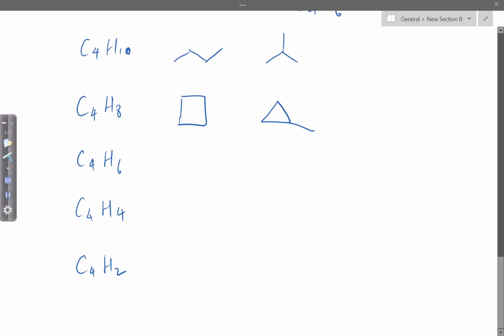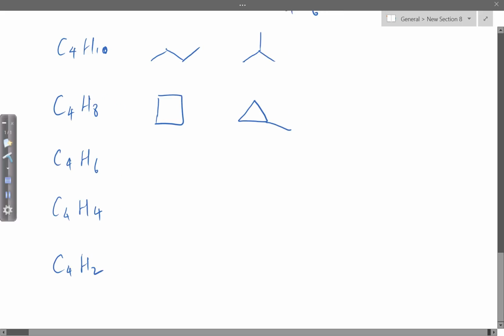So for C4H8, you can have this, whereby you have 1, 2, 3, 4, 5, 6, 7, 8 hydrogens, correct? Can you have any other pattern for C4H8? You can't. These can only attach here, here, here, which is the same. You can't have a 2-member ring, right?